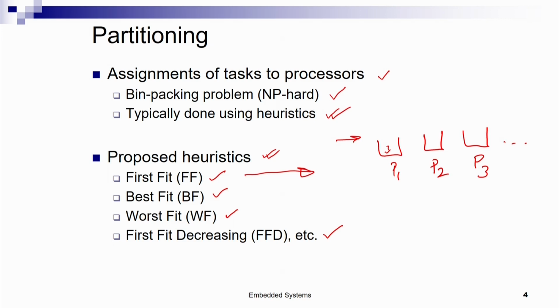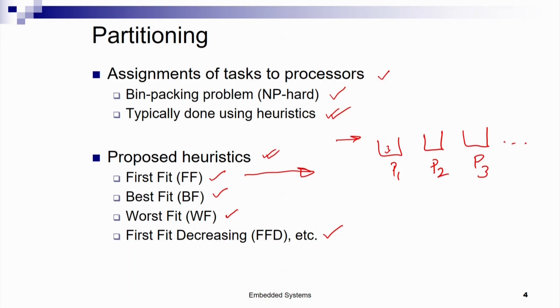So, you start allocation from P1, then P2, then P3, you maintain this order for consideration of the task for allocation, you always maintain the same order. And where do you put the tasks? Onto the first processor, when searching in this order, that has enough capacity to hold the next task.